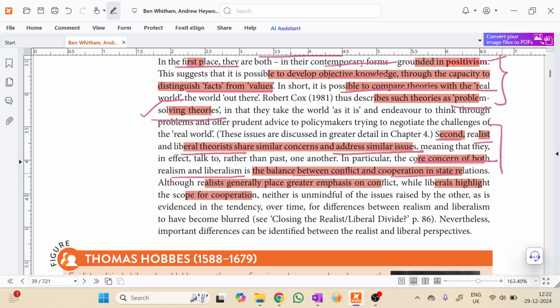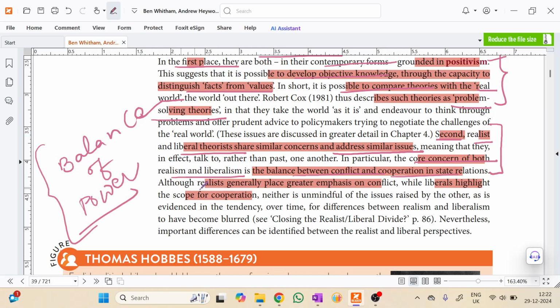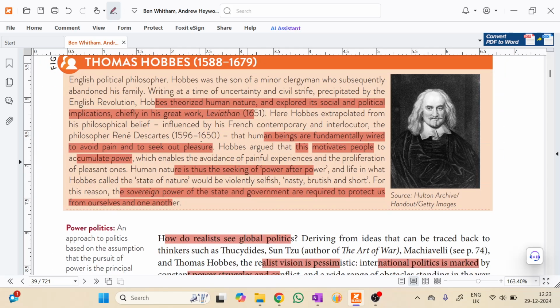So the second ground is the question of balance of power, in both the realist and liberalist sense. A minor difference is there: realists place greater emphasis on conflict, while liberalists look for scope of cooperation.